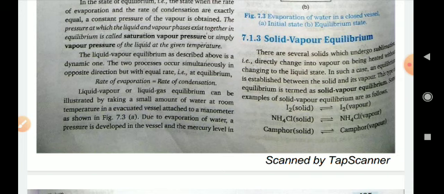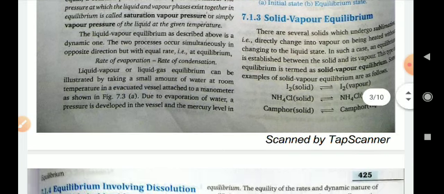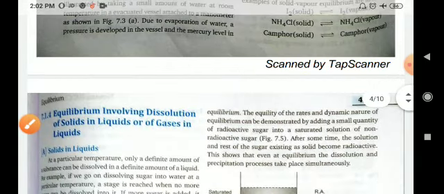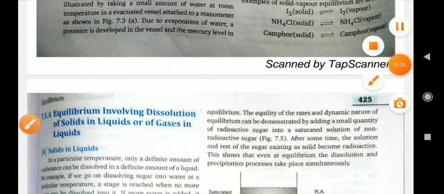The compounds which show sublimation are I2 (solid iodine gives I2 vapor), ammonium chloride solid gives ammonium chloride vapor, and camphor solid gives camphor vapor. Okay, thank you.